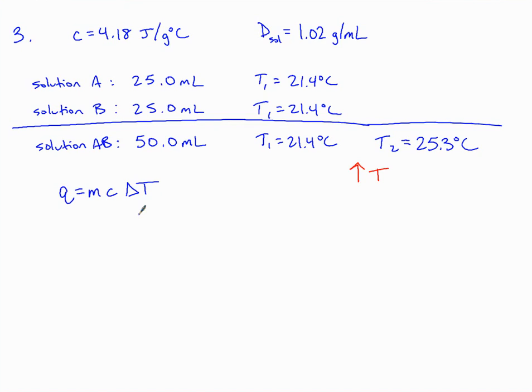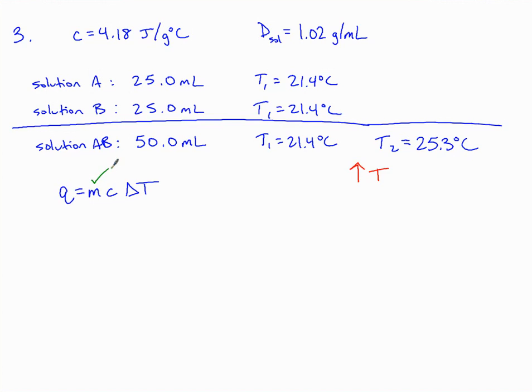So let's look at the things we have. Going left to right, we want the mass of the solution, so the mass of all the water and the mass of the reactants. We don't know this exactly, but we do know volume and we do know density. Volume times density gives us mass, which is what we're looking for here.